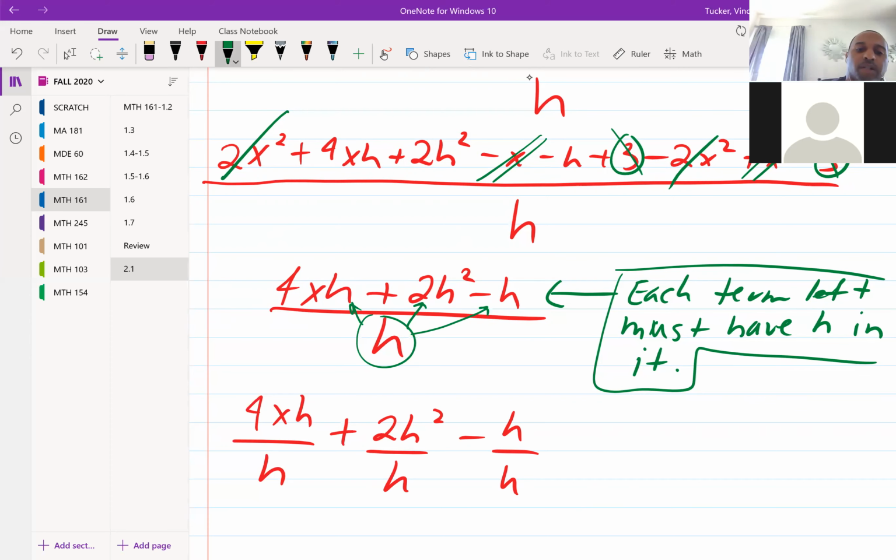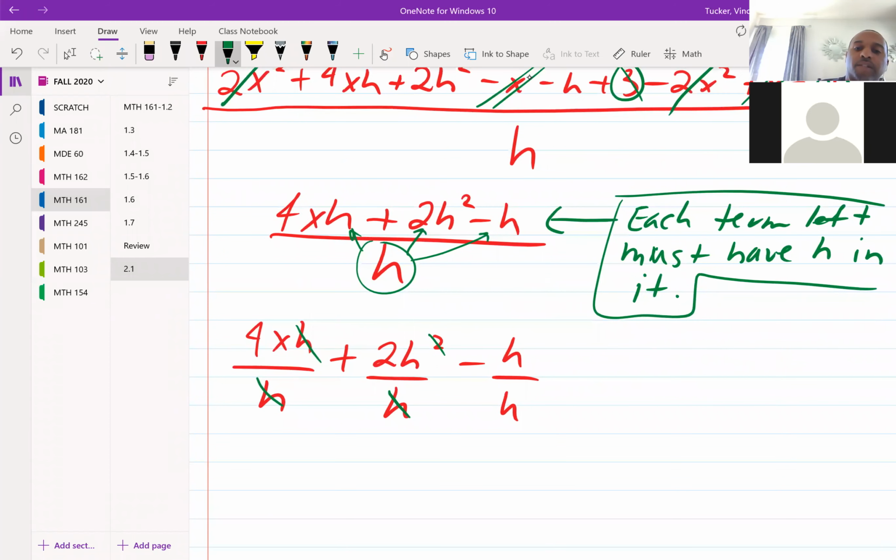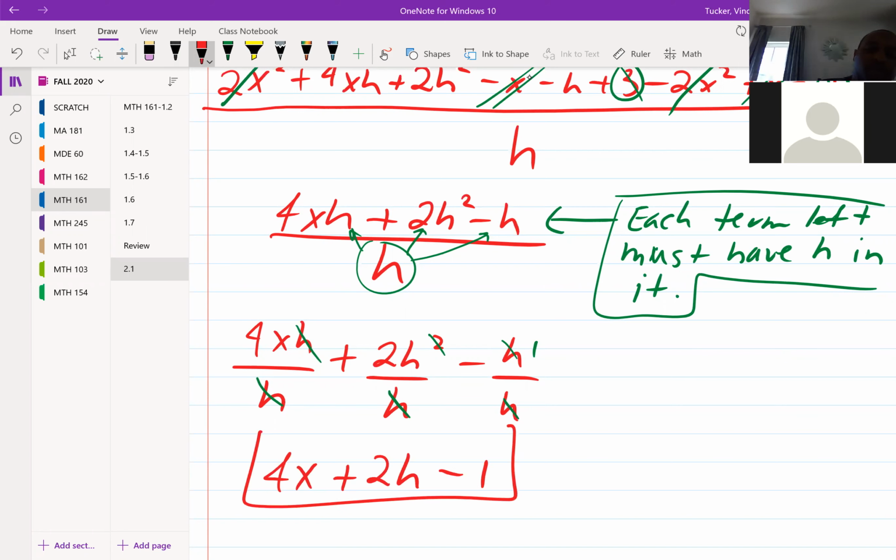All right, so the h is canceled. One of these h's cancels, and this cancels as well, leaving you with 1. So your difference quotient will be 4x plus 2h minus 1.